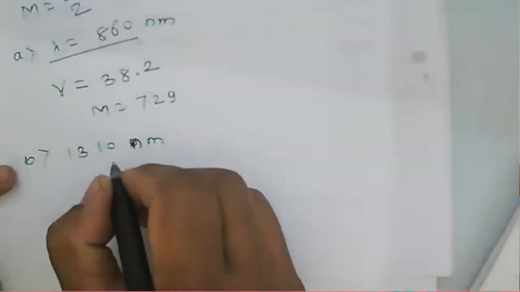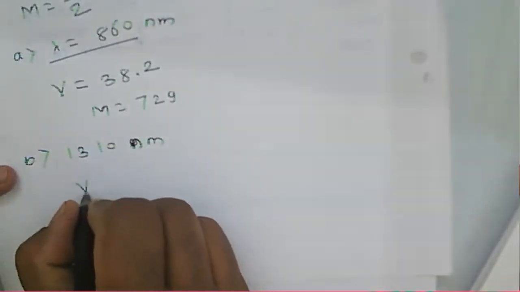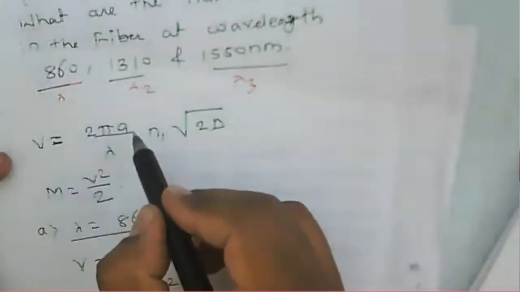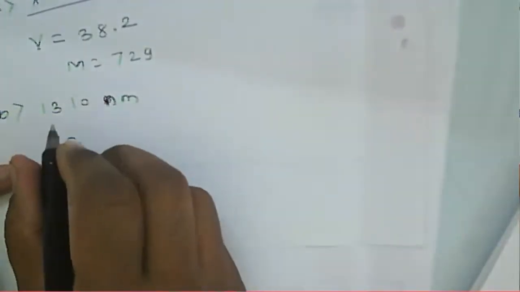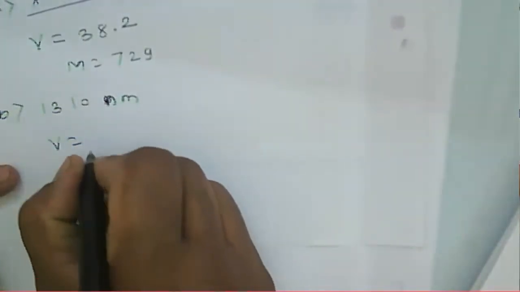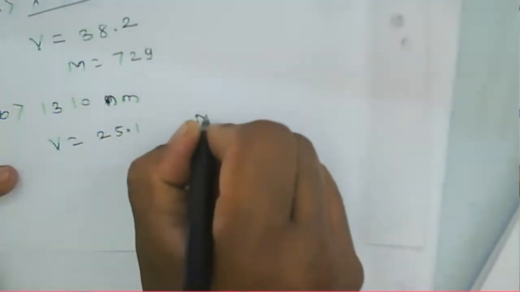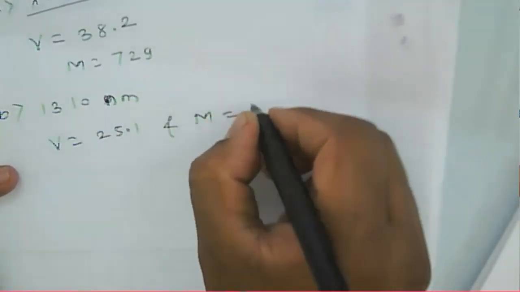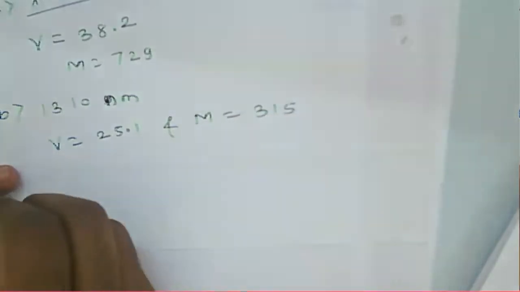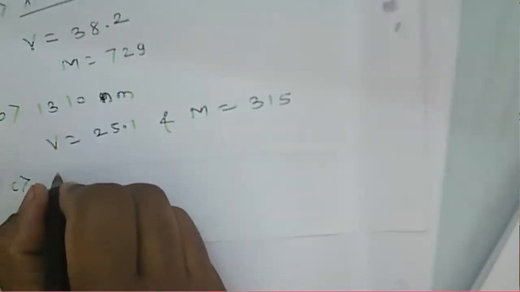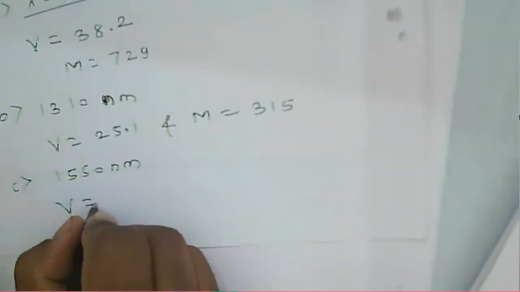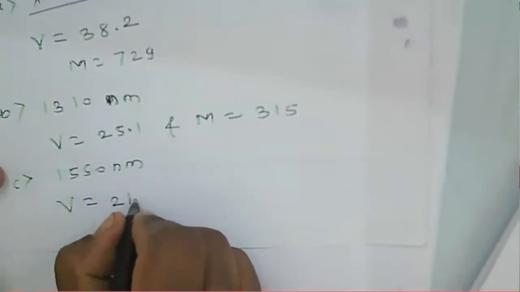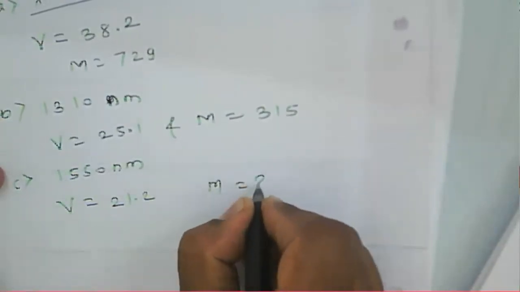If we put all the values, a, lambda, n1, del, then V will be 25.1 and m is equal to V square by 2, that is about 315. If you consider the different wavelength, 1550 nanometer, then V will be 21.2 and m is equal to 224.